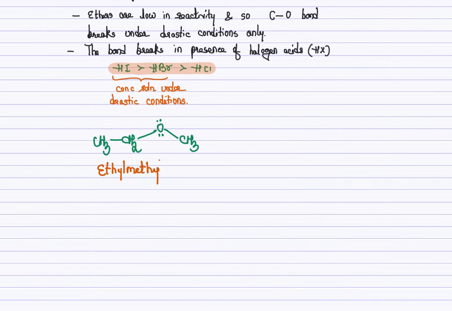And let us allow this to react with a halogen acid like H plus and I minus. The first step is protonation, in which the lone pair would capture one of the H plus here, and this would give us a protonated ether.